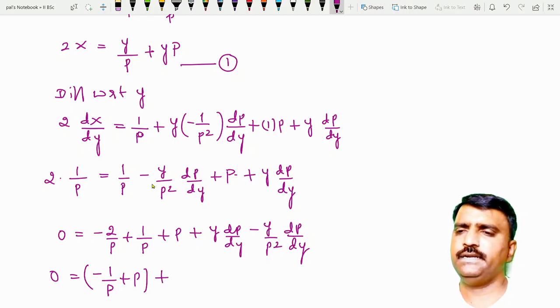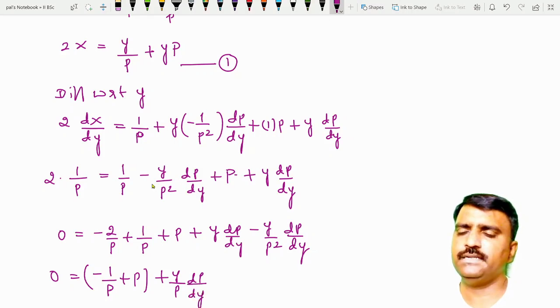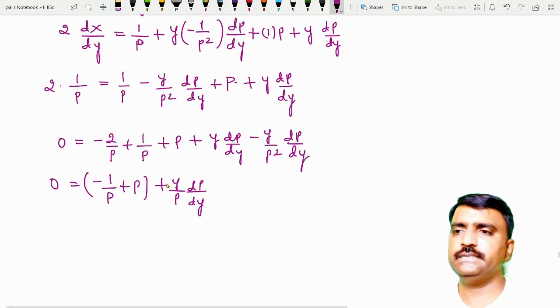here we can take y by p into dp by dy as a common factor. Why do we take it like this, I will tell you.